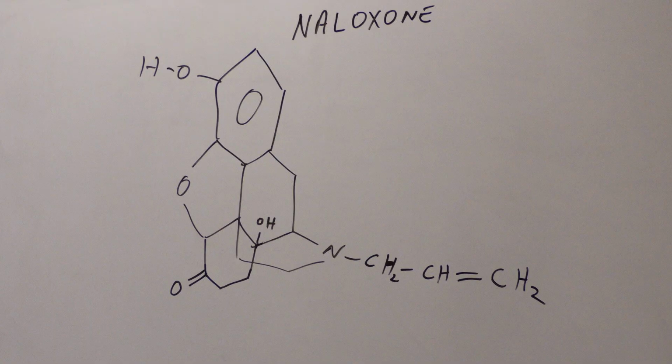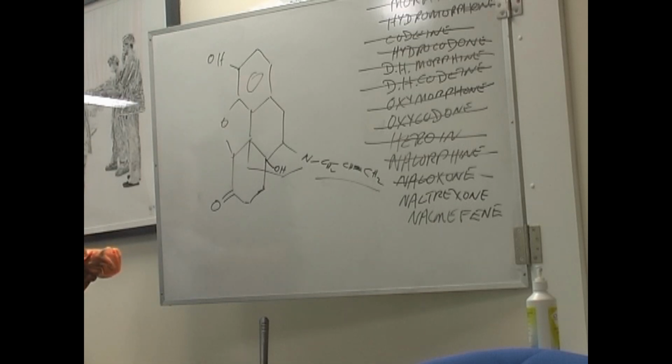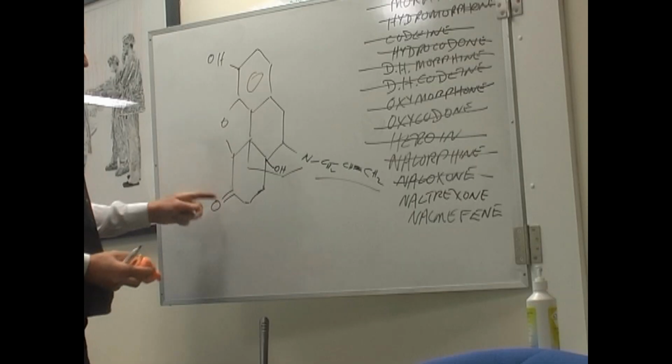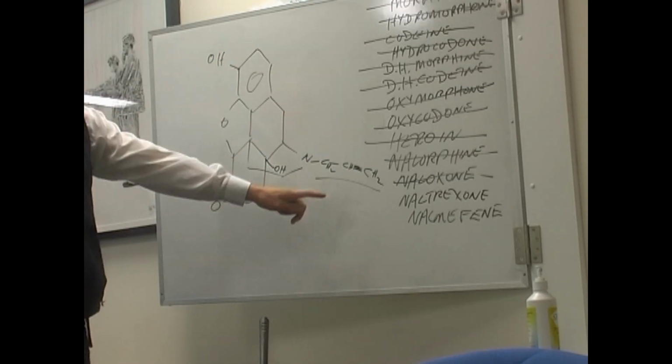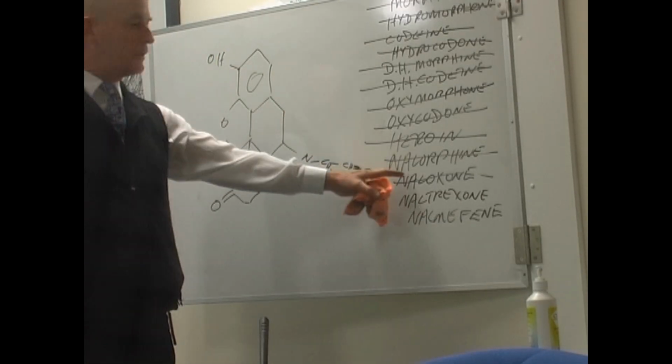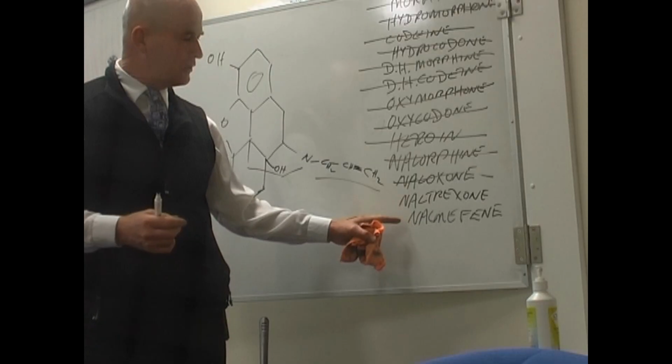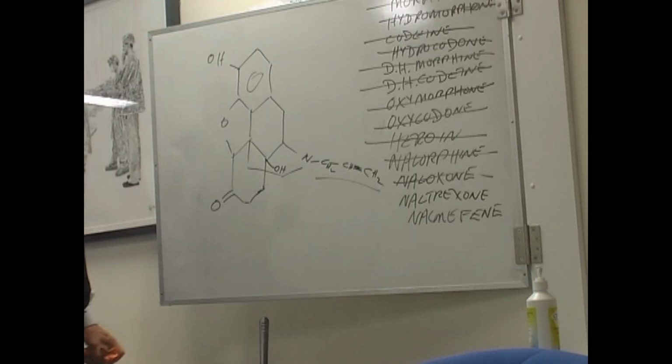Now what's really interesting is naloxone, naltrexone and nalmorphine are all closely related. So this is naloxone, and to turn naloxone into naltrexone we make one single change to the molecule. And to change naltrexone into nalmorphine, we make one other single change to the molecule.